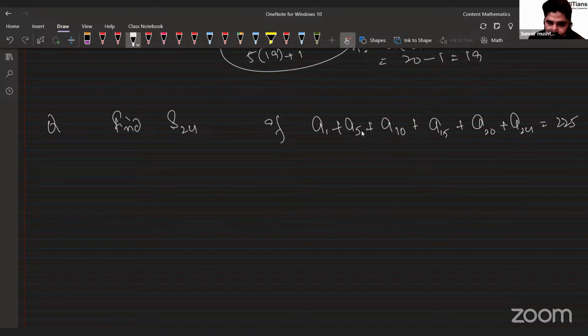What you need to do, you need to find the sum of all these terms. How to do it? See, this has a very easy concept.